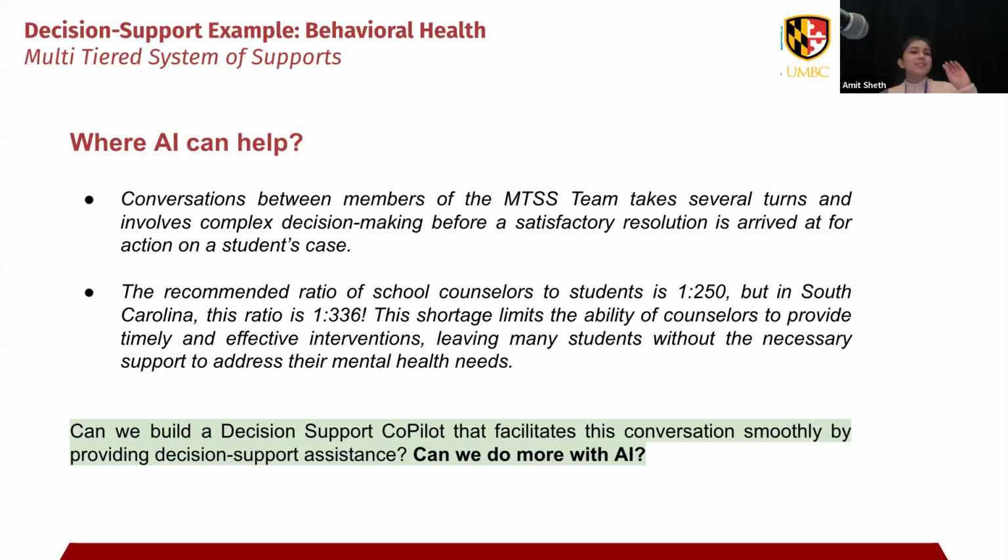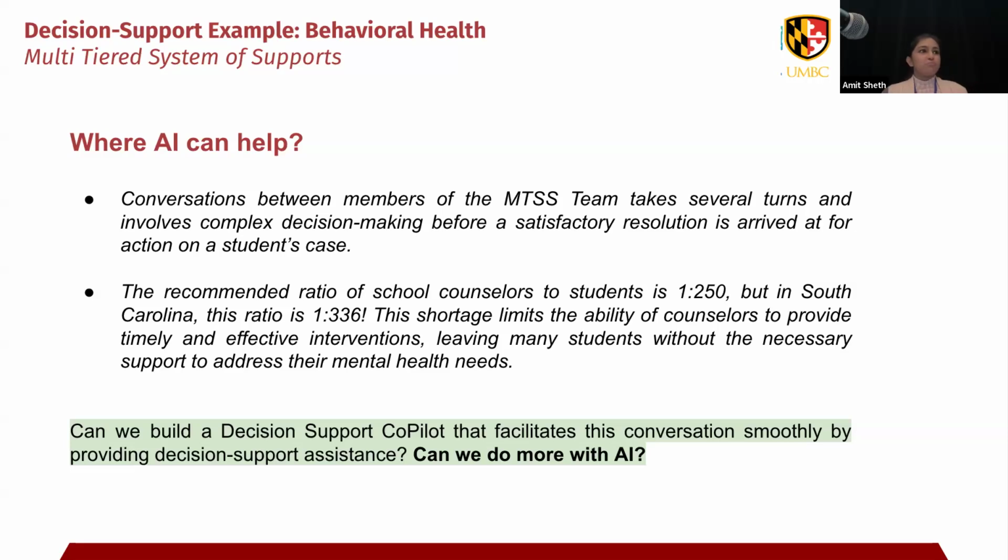And this problem is added on by the fact that we are really low on human resources. This statistic is from 2020: according to the American Medical Association, the recommended ratio of school counselors to students is 1:250. But in South Carolina, where we are implementing this, the ratio is 1:336, and similar numbers all across the states of US.